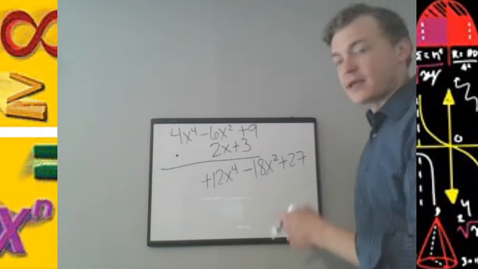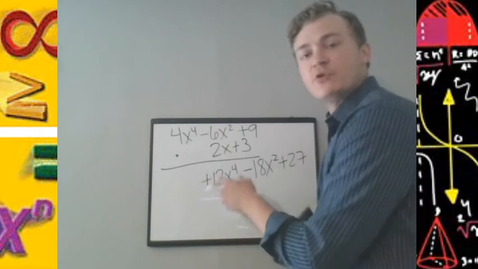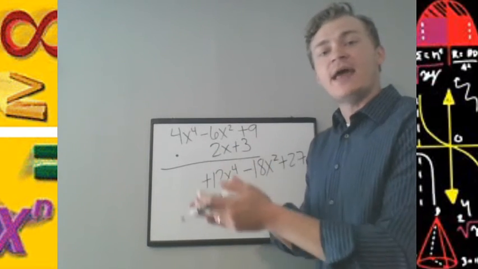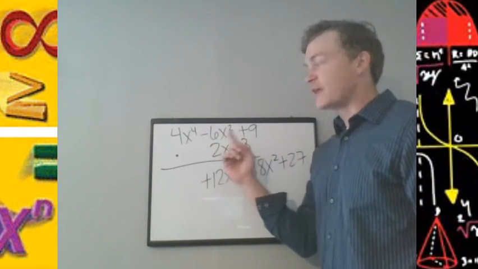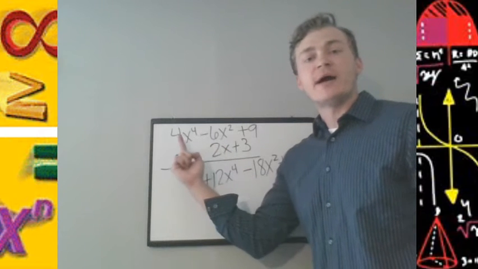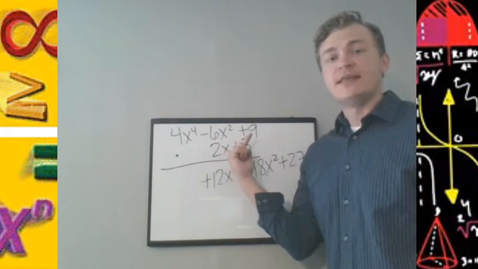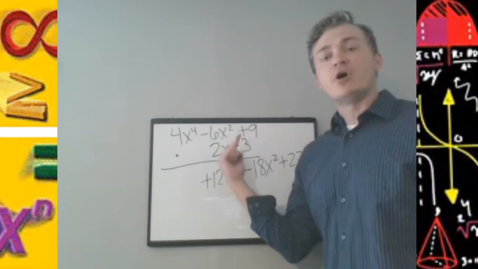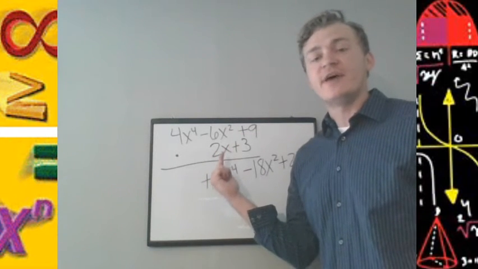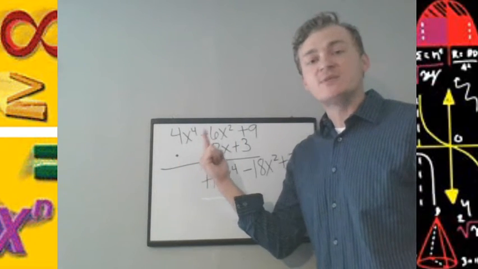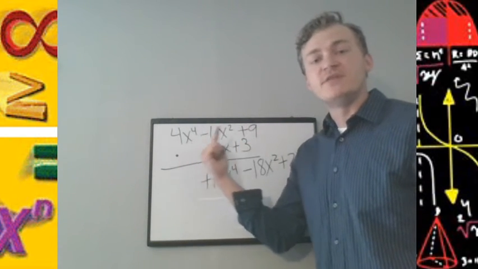Now, let's look here at multiplying by a 2x. Again, when you multiply by a 2x, you're multiplying by a 2 and an x. So each of these numbers here, think about them being doubled. Multiplying by a 2, a 4 becomes an 8, negative 6 becomes negative 12, 9 becomes 18. But you're also multiplying in this factor of x, which is going to change the exponent or degree of each of these terms up here.